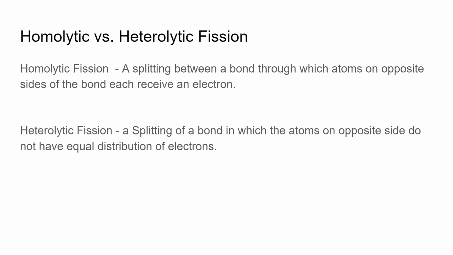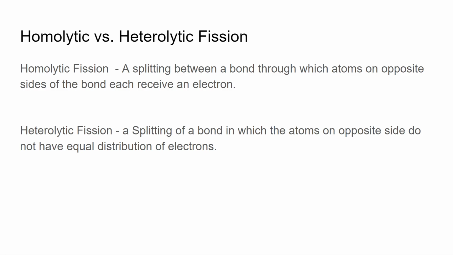So the first type that we have to look at is homolytic versus heterolytic fission. Sorry, it's fission, and fission means that it's coming apart. The first one is homolytic. Homo means same. Our definition: a split of a bond in which the atoms on opposite sides of the bond each receive an electron.